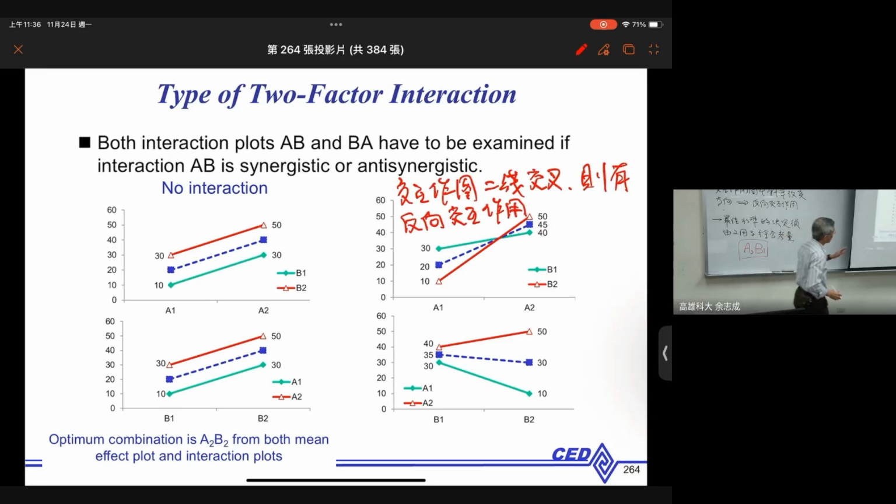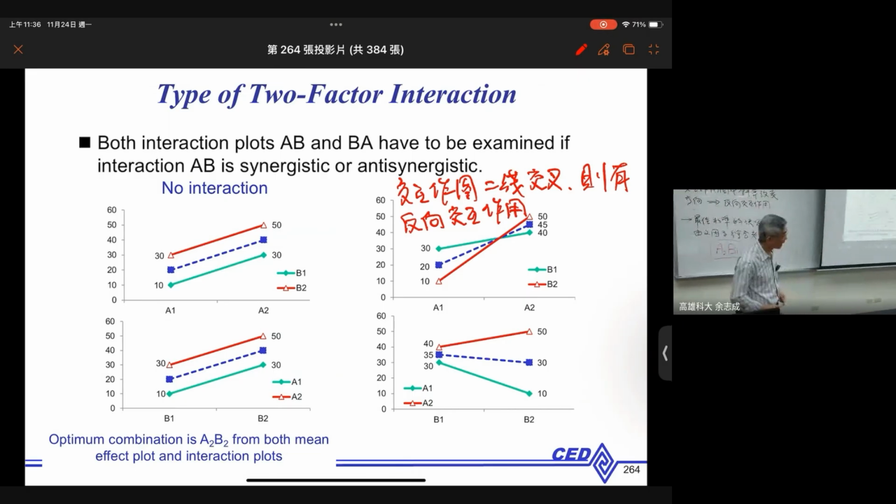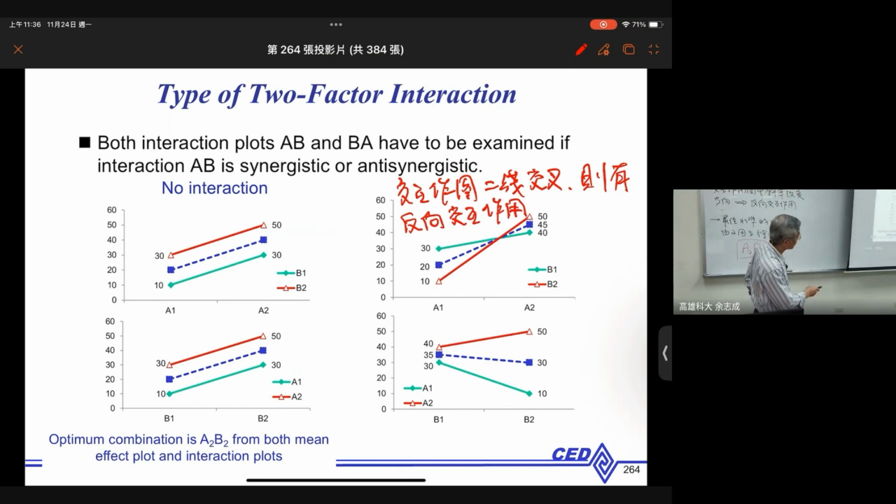If these two lines have intersections, even though they didn't change sign, they are still anti-synergistic. You can double check by changing the horizontal axis. You will see the sign changes, the slope changes from positive to negative.